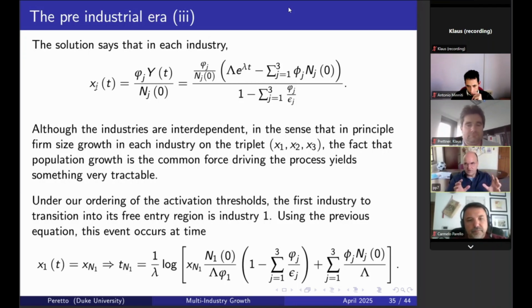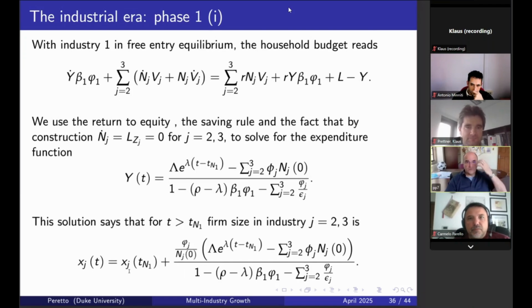Qualitatively, they have the same form, but quantitatively, they will look different if you calibrate the model. The activation dates are going to be industry specific. And again, we can compute those dates. It just takes a little bit of patience. You sit down, you look at your equations and do the algebra.